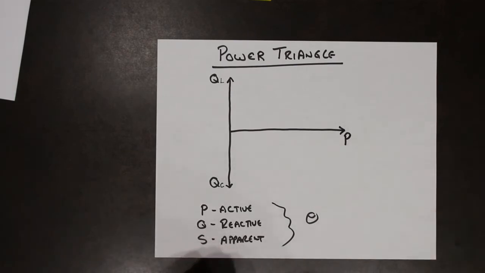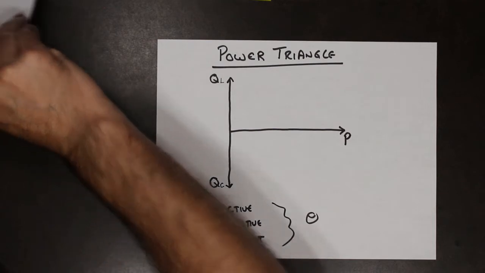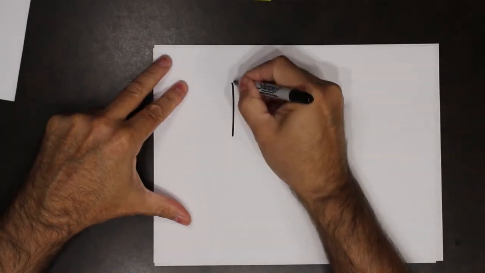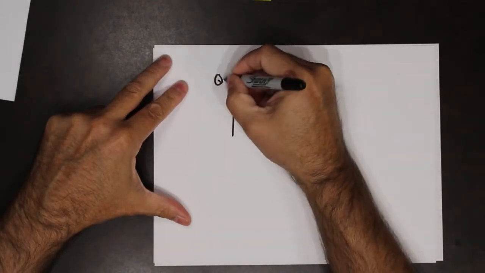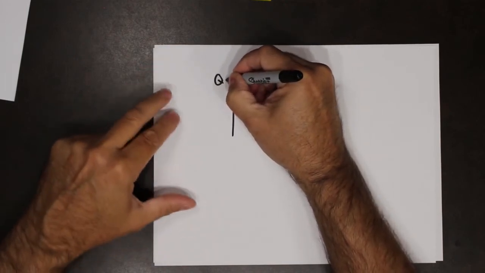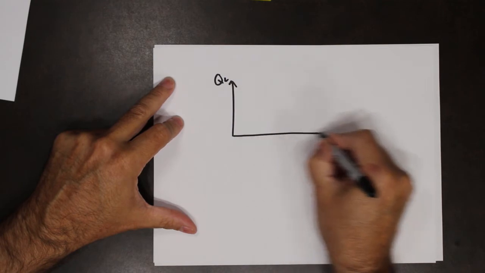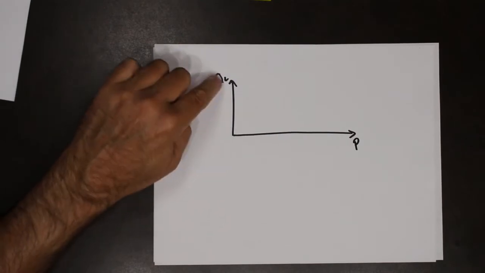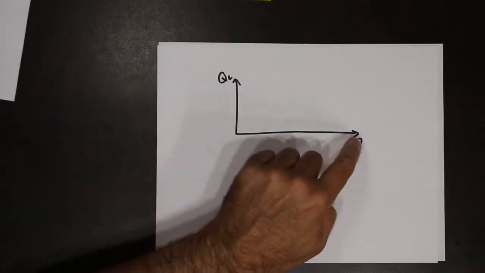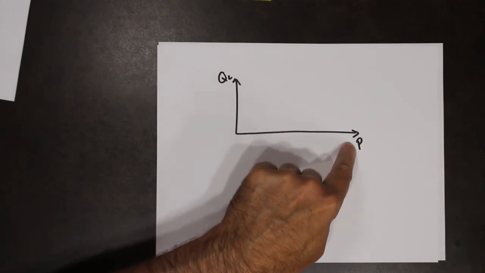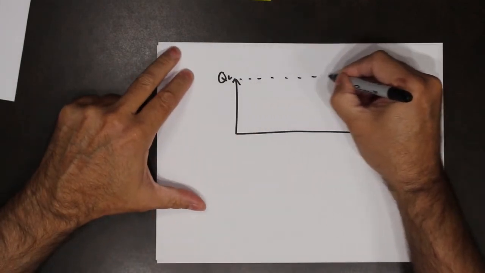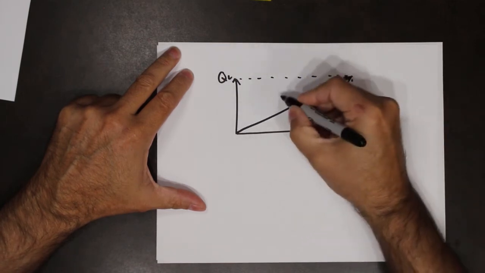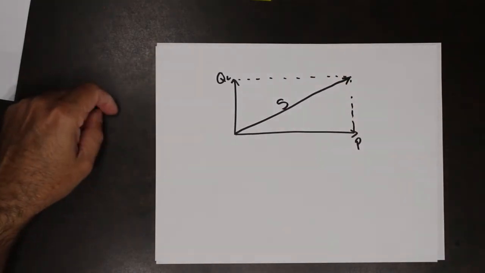So let's pretend for an example, we had some Q inductive and we had some active power, so reactive from an inductor, and some active power. The vector sum of the two is the apparent power in the system.